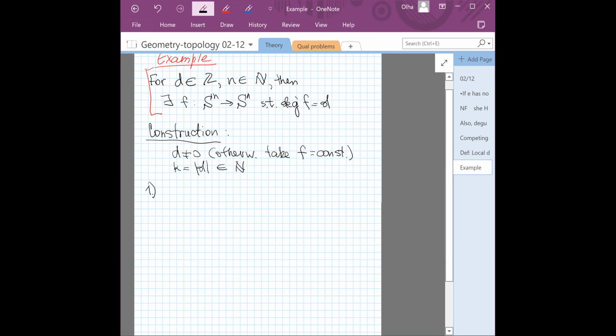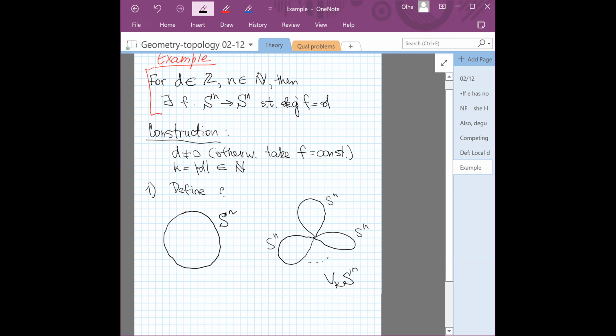First of all, we have our Sn, and for the construction we're going to use a wedge sum of k spheres. So define a function q from Sn to the wedge sum.